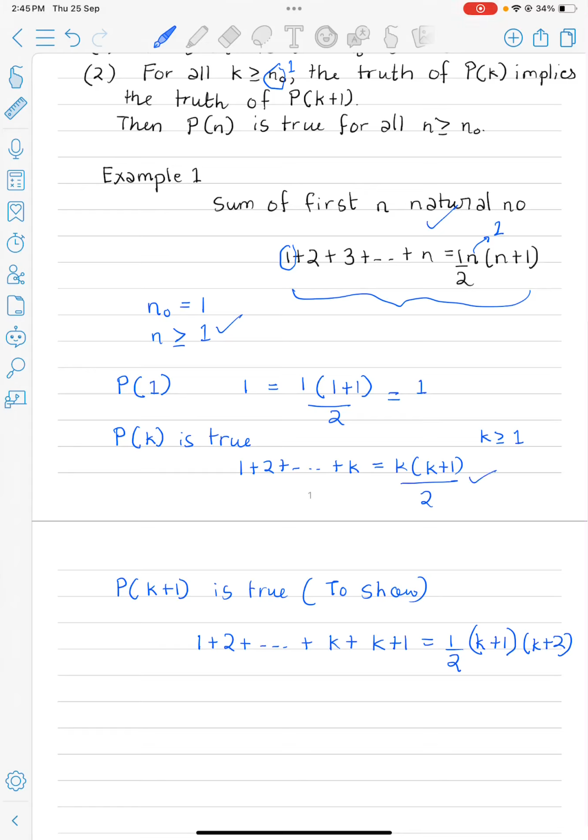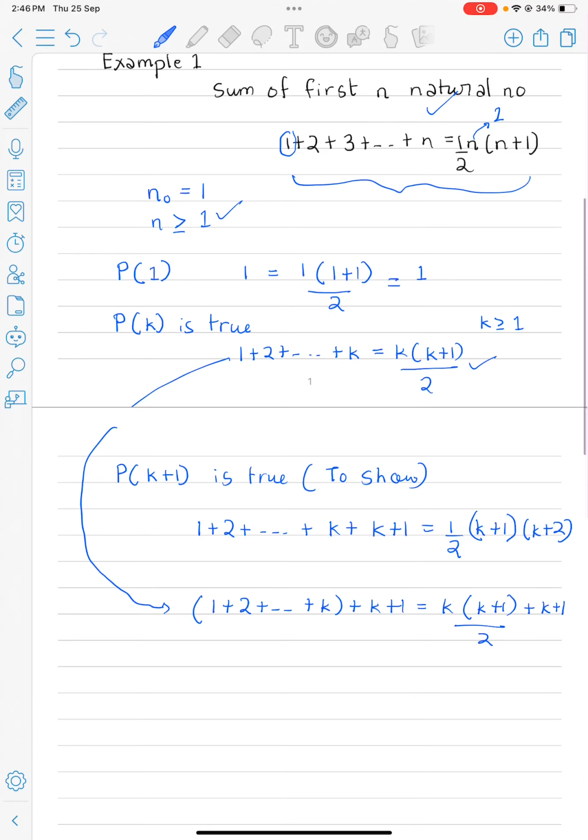First we know that this one is true. In this equation, add k plus 1 to both sides. So what will you get? You will get k into k plus 1 by 2, plus k plus 1. The left side becomes 1, 2, till k plus 1.